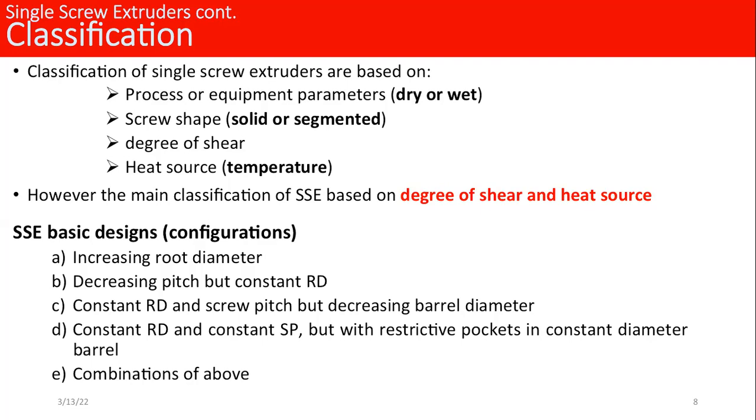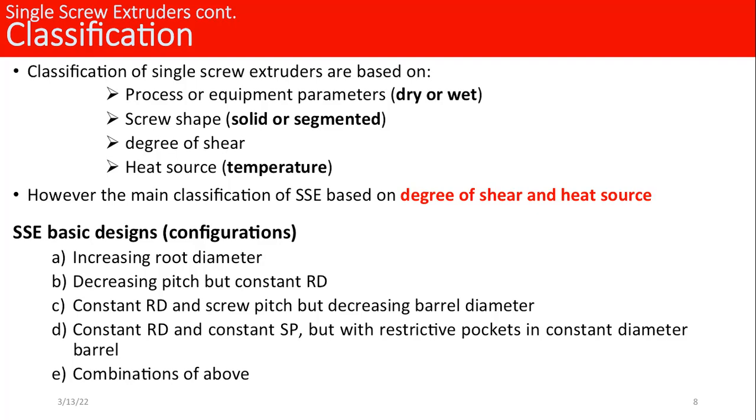There are some screw extruders with screws of increasing diameters. It means from the left side or starting end, the diameter might be 3 centimeters. At the end, the diameter might be 5 centimeters, right? It means increasing root diameter.